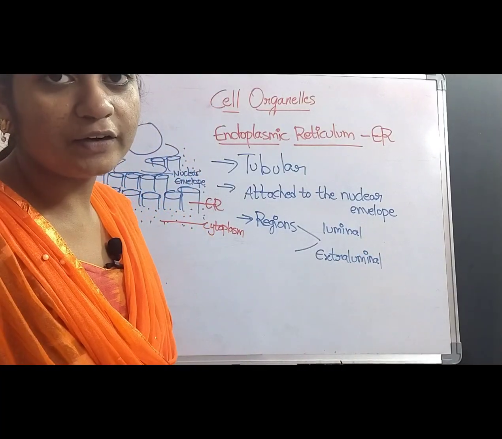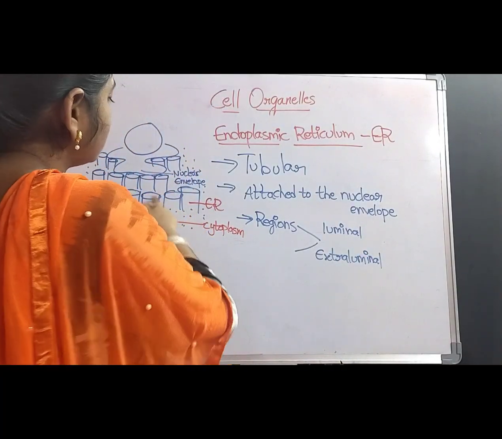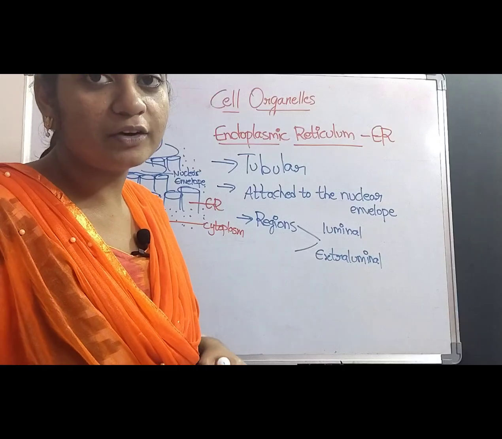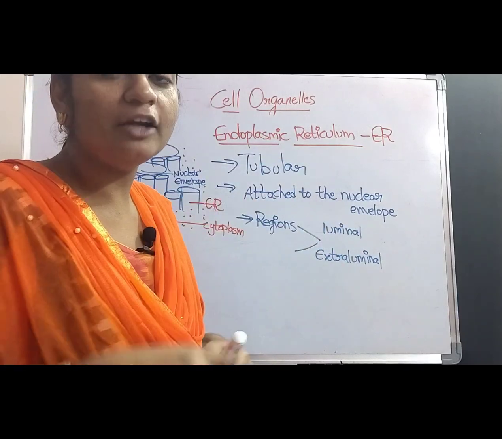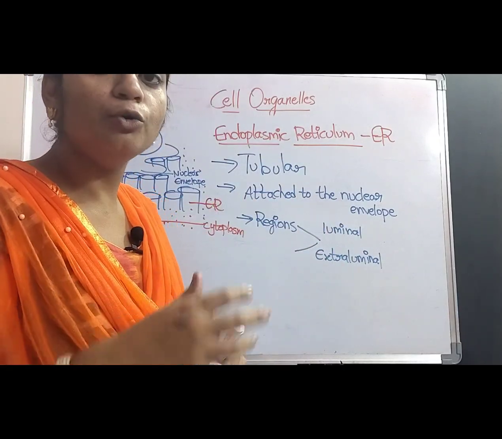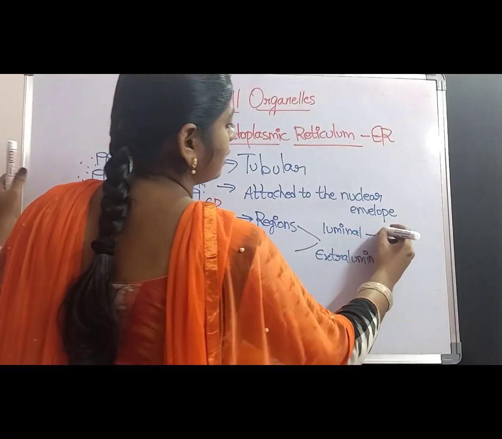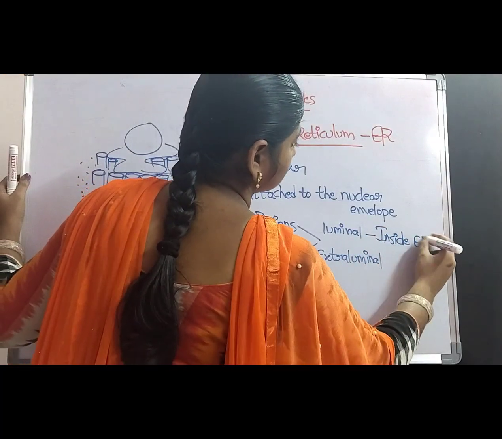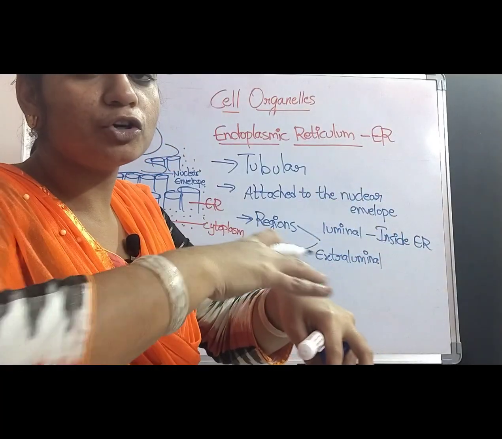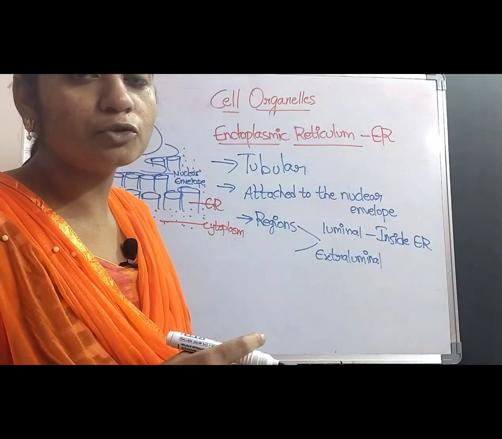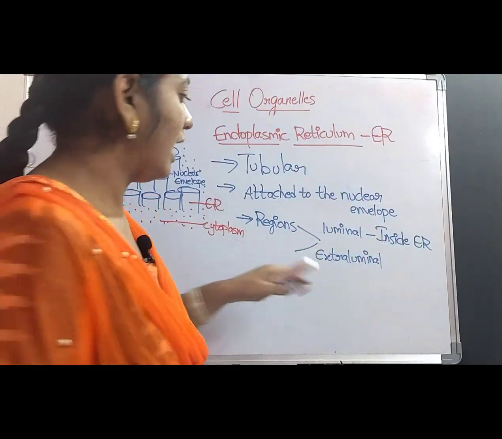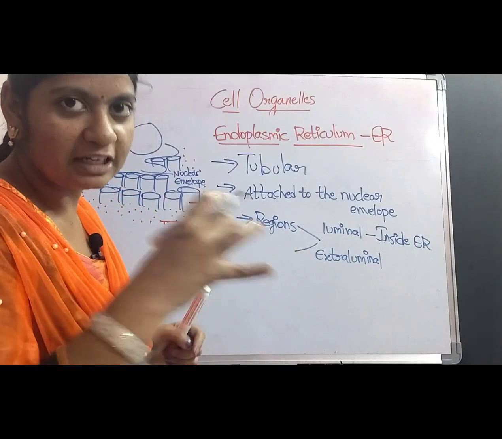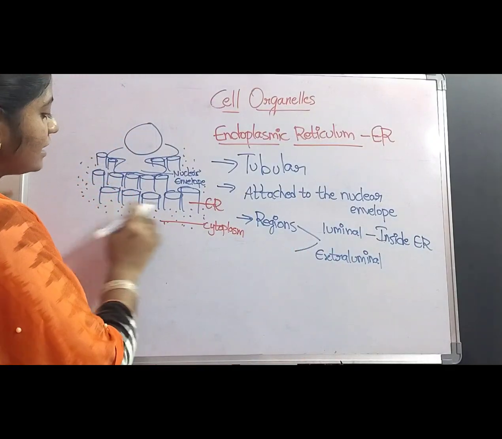What is the luminal region? The area which is present inside the endoplasmic reticulum. The interior region of the endoplasmic reticulum is called the luminal region, inside the ER. And the extraluminal region is the region which is present in the cytoplasm.